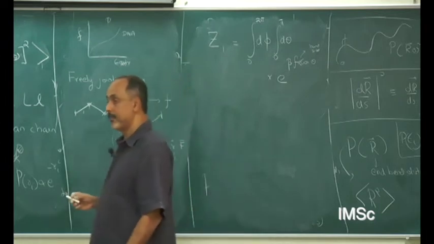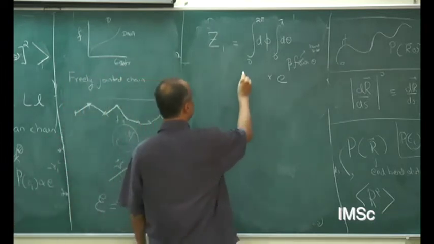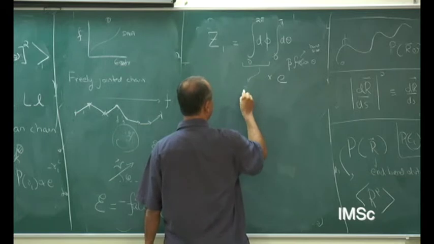Okay? I can do this integral. This particular integral, of course, is the easiest one. This just gives me a factor of 2 pi.